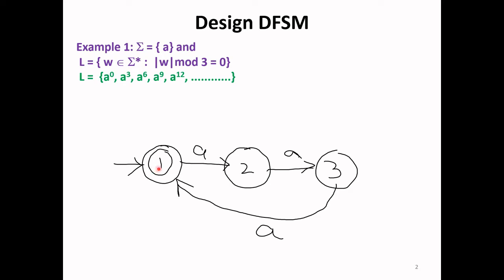So in this way, this DFSM will be accepting 0 a's, 3 a's, 6 a's, that is all the strings of a's whose length mod 3 is equal to 0. So this is how to design a DFSM if such kinds of languages are asked.